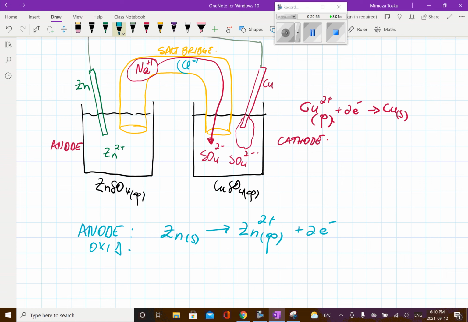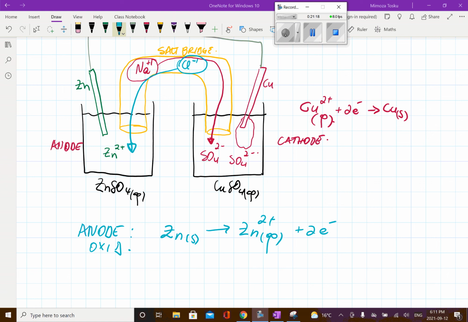So the chloride ions will move toward the anode. This is why anions move to the anode and cations move to the cathode.